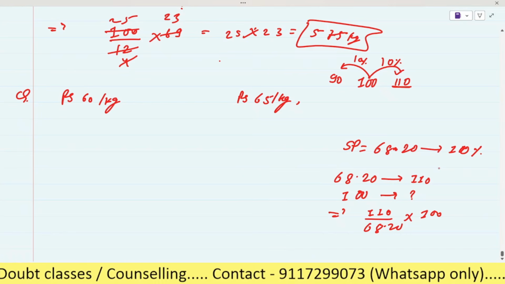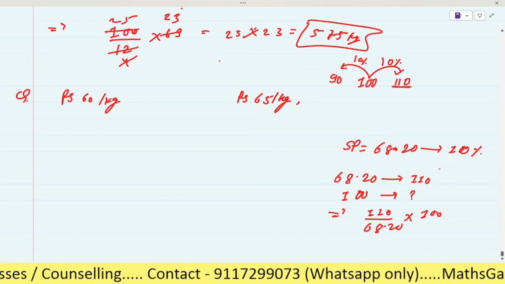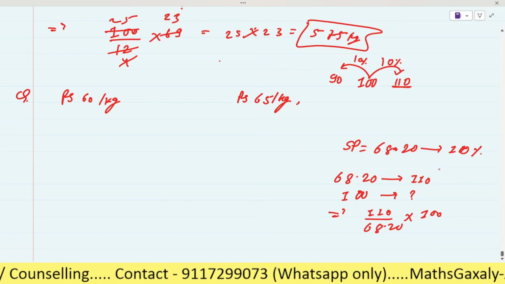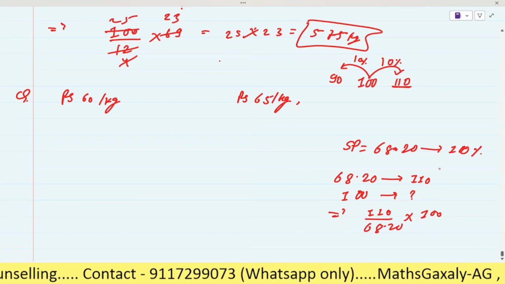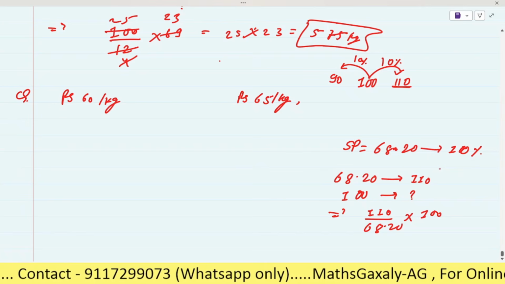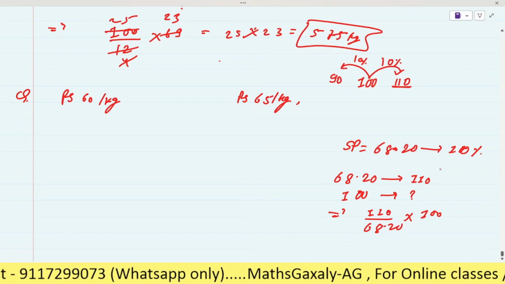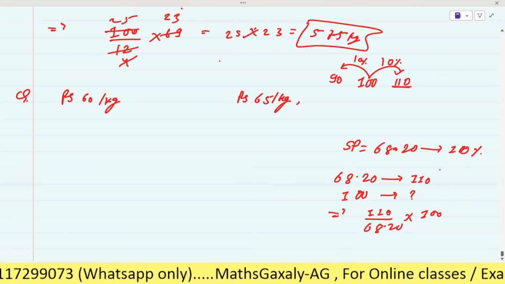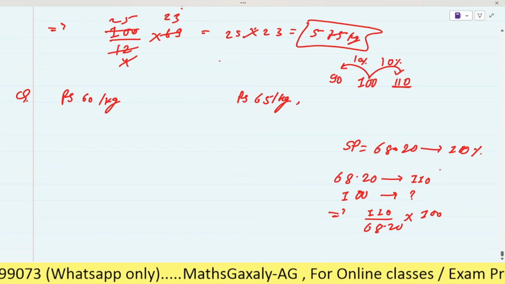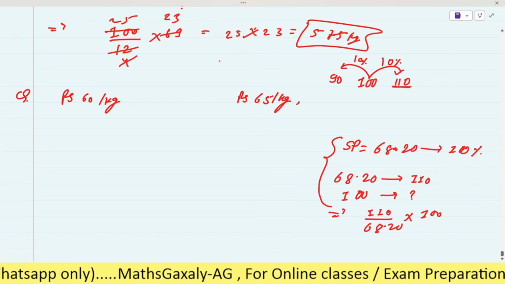Value, cost price. Selling price 68.20 at 10% gain. Okay, we have to find the value. Got it. Sorry, I understood it wrong.